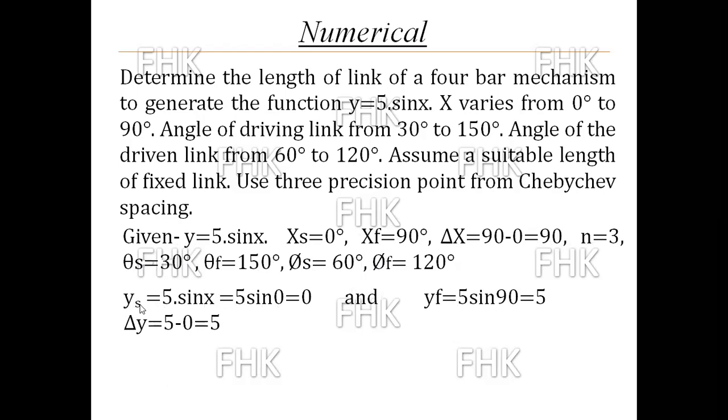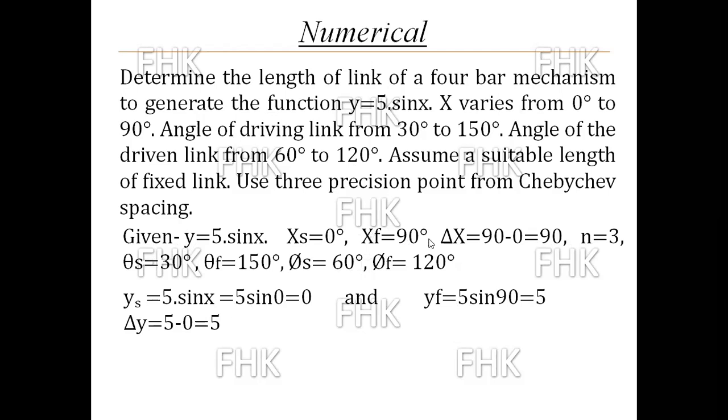So y starting will become sine of 0, that will become 0, and for y final, putting the value of sine of final x, that is final x is given 90 degree. So we will get y final when putting the value of x final. So x final is given 90, sine of 90 is equal to 1. So y final will become 1.